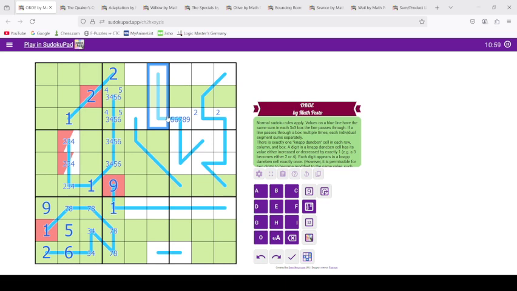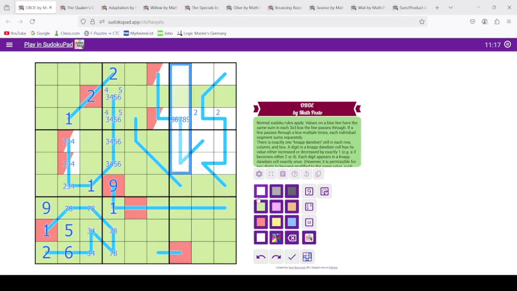Yes, I'm solving from oldest to the newest.